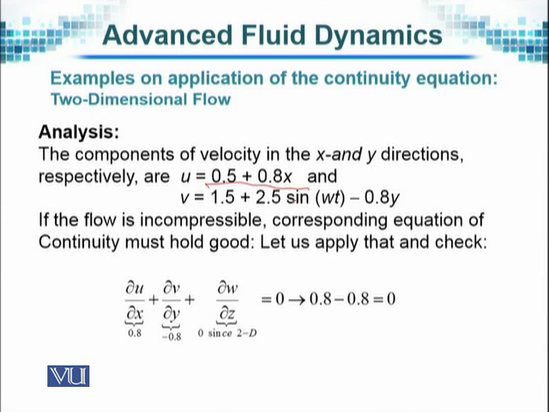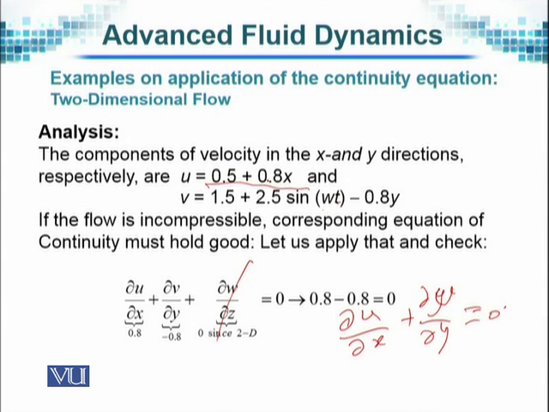Now remember that there is a t occurring here, but if it is a steady flow, there is no t, and therefore in the continuity equation, which in two dimensions will be du by dx plus dv by dy equal to 0, there will be no z component, and we substitute these values.